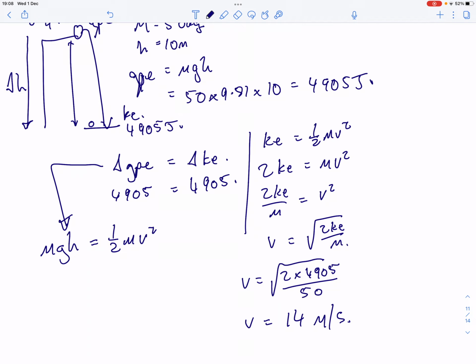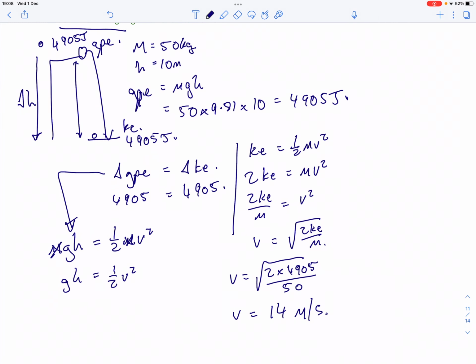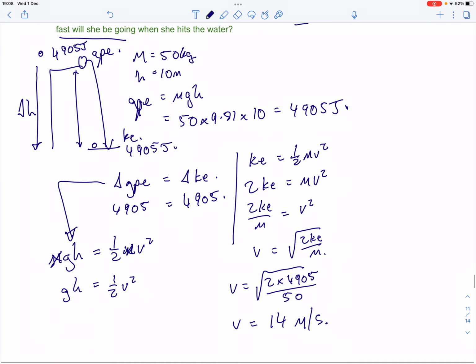The first method is fine, but actually this way is much quicker. And the mass is the same, it's the mass of the diver, so these m's cancel out and disappear, leaving you with gravitational field strength times height is equal to half v squared, and from that it's quite easy to rearrange for v. Okay, so that's quite a challenging question on the conversion of gravitational potential energy to kinetic energy.